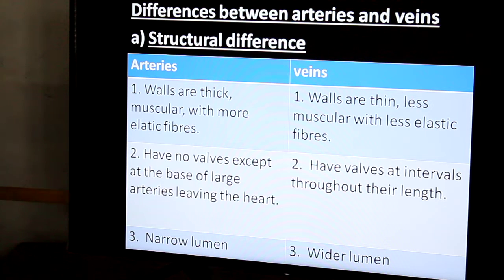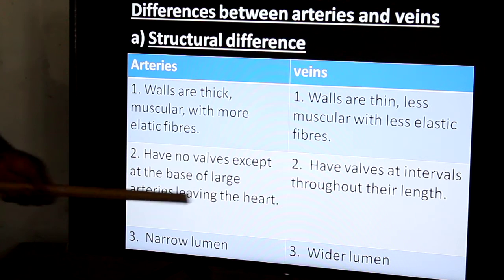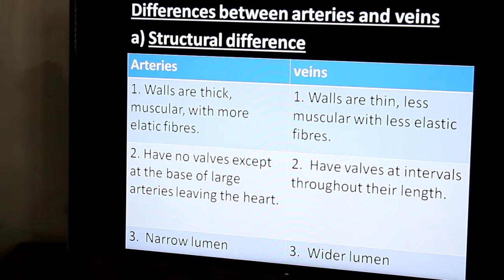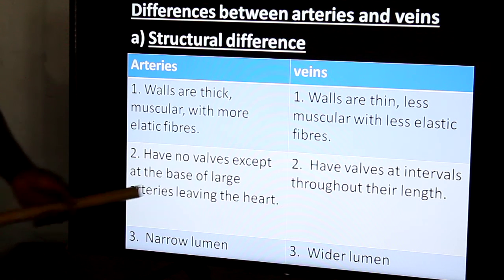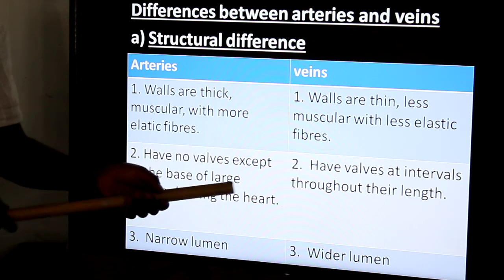The second structural difference is that arteries have no valves, but there is an exception at the base of the arteries leaving the heart. Remember, we have semilunar valves. Those semilunar valves are only found at the base of large arteries leaving the heart.